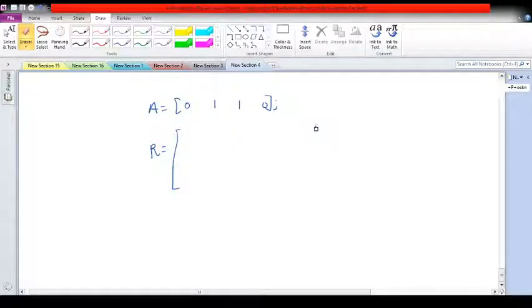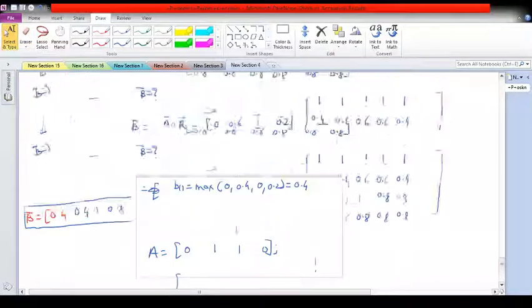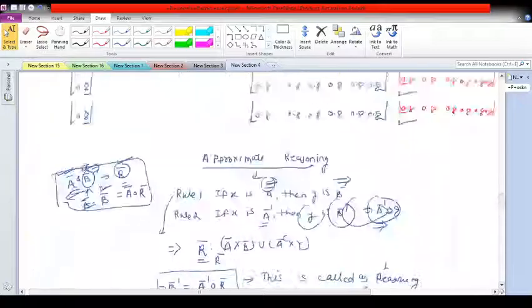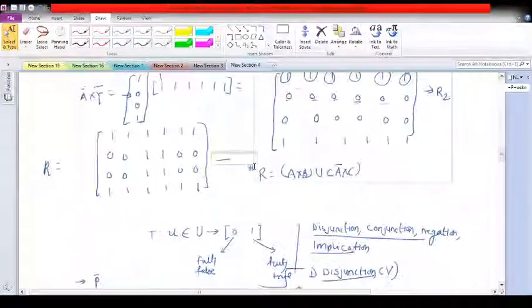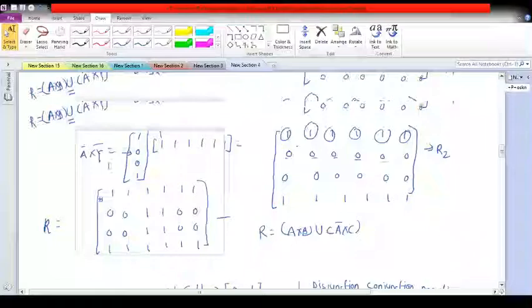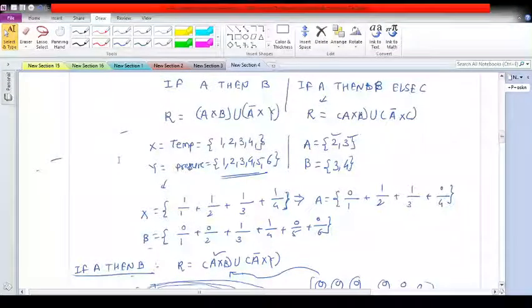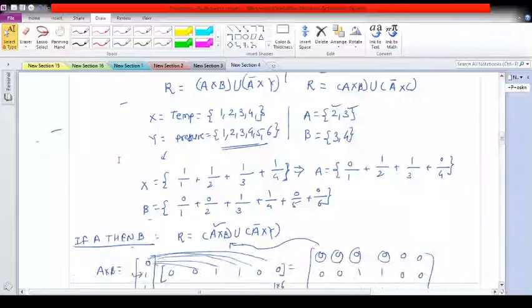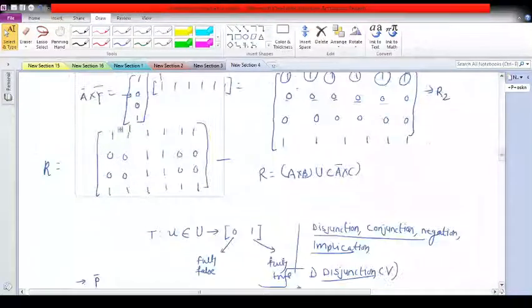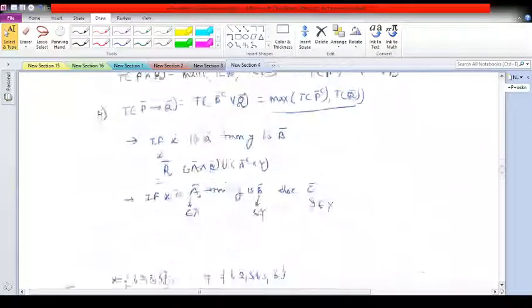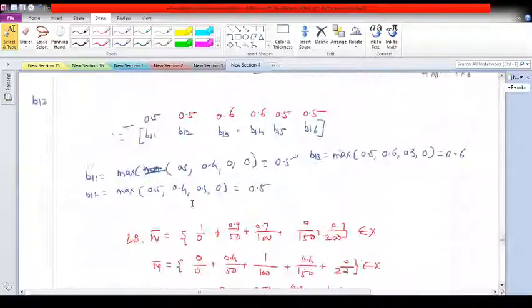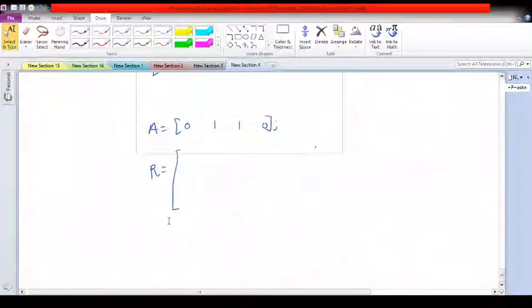Let us take this example which we have recently taken. Let us take A as 0 1 1 0, and what will be B? B should be 0 0 1 1 0 0. And what is R? The first row is all 1, the last row is all 1, and the others are 0 0 1 1 0 0. Let us check this example, because there also the rules are the same.